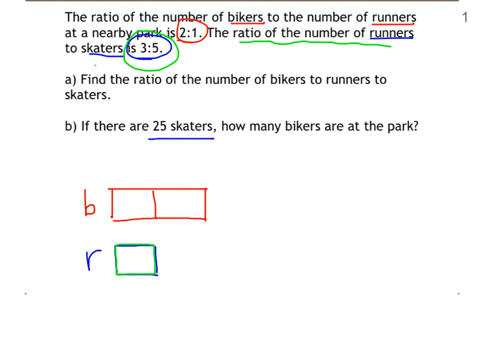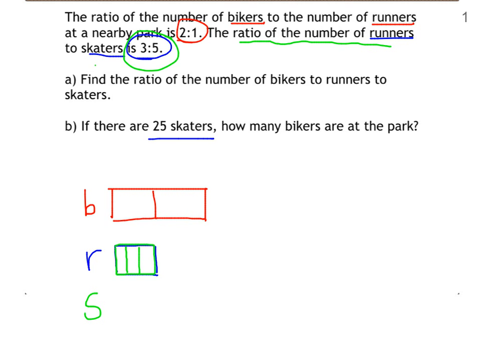Their ratios get reduced differently. So what I need to do is take the unit that I already have and split it into enough parts so I can compare it to the skaters. So I'm going to take that 1 unit bar that worked with the relationship between runners and bikers, and split it into 3 so I can model the relationship with the skaters.